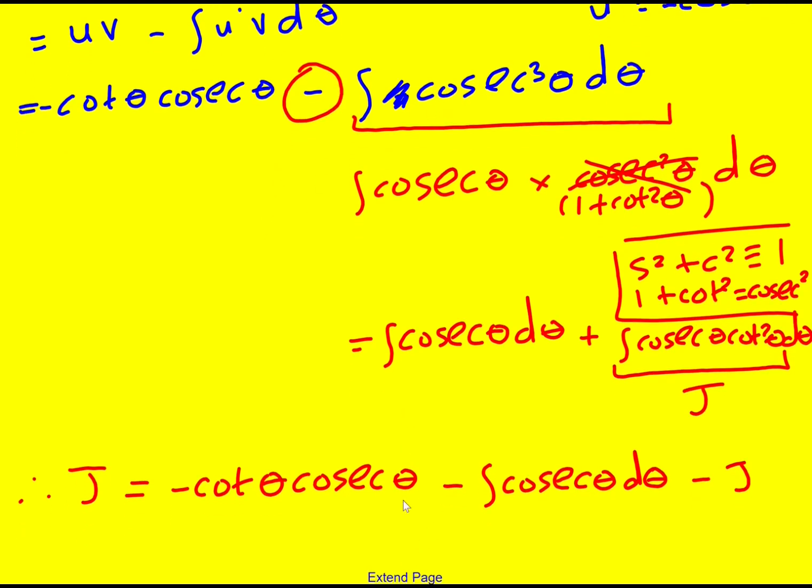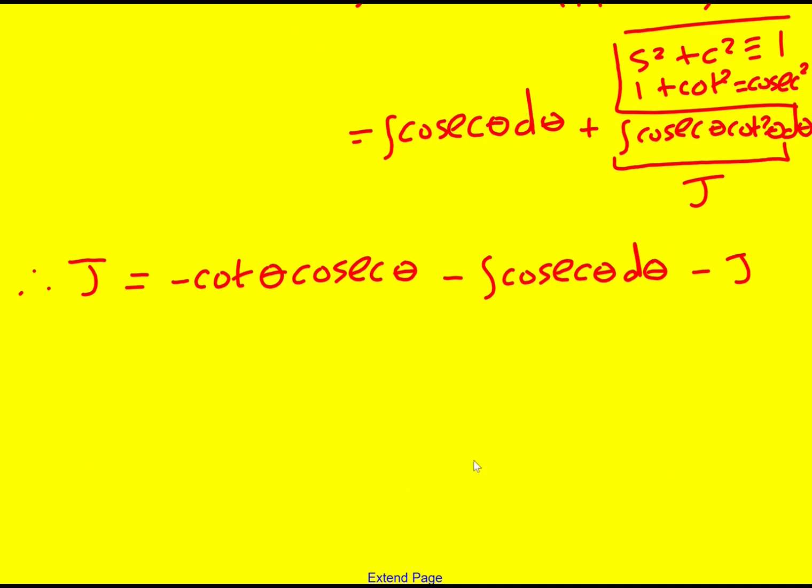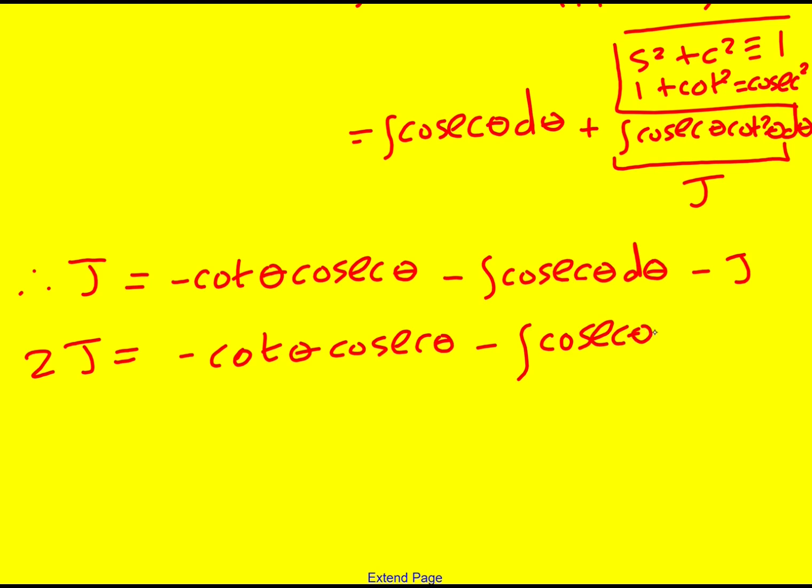And what I can do now, it's a really nice trick in integration, is just add the J onto both sides to make it 2J. So 2J is going to be minus cot theta cosec theta minus, and now I'm going to rewrite this integral as the integral of cosec theta d theta.